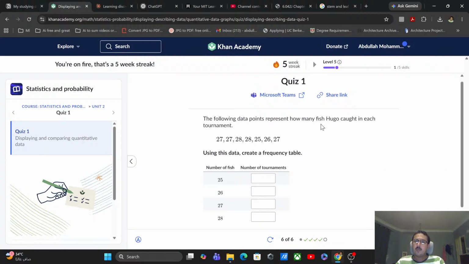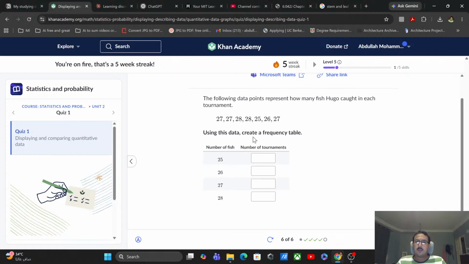The data points represent how many fish you caught in each tournament. Using this data, create a frequency table. Number of fish, number of tournaments. Number of fish 27, so I got 3. 26, 1. 25, 1.